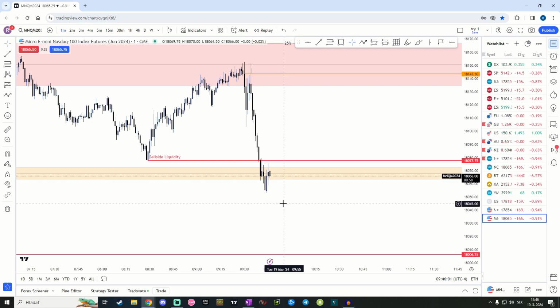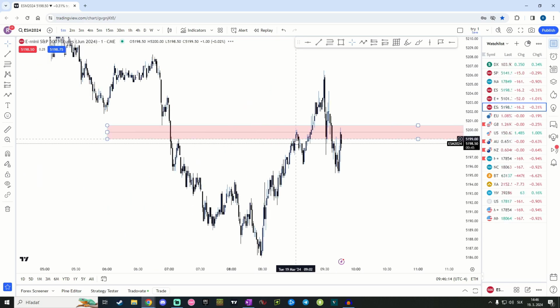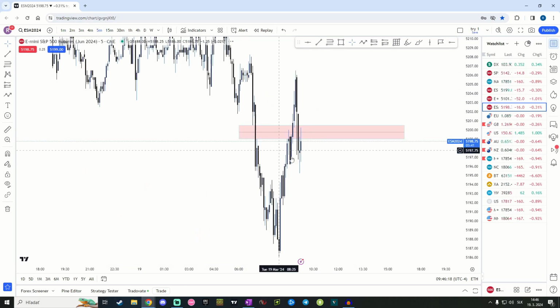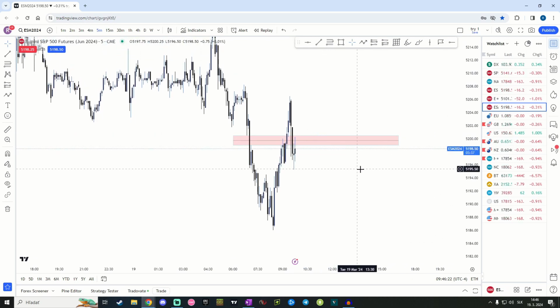It doesn't look that bad. We can see that on ES, we have swept this high from 941. We have traded back again to the 1 hour fair value gap on ES. So let's see how the market will react here.